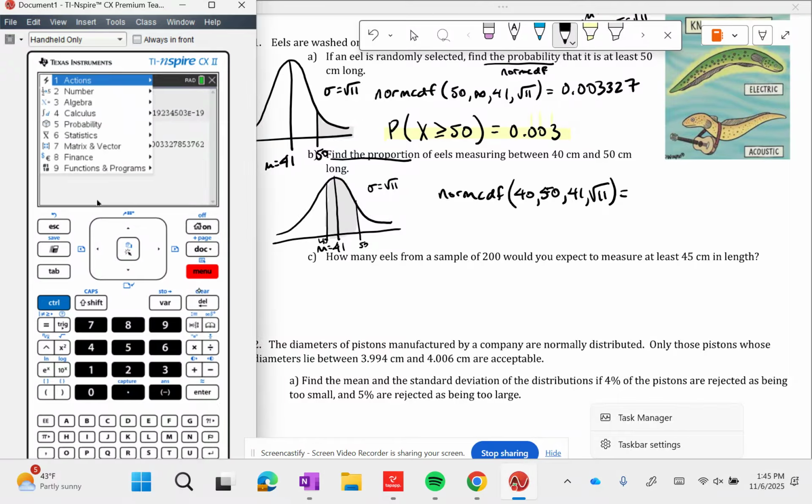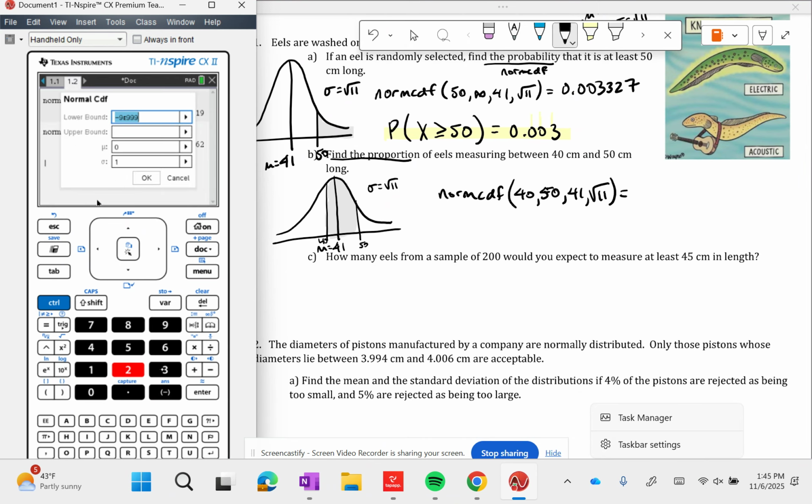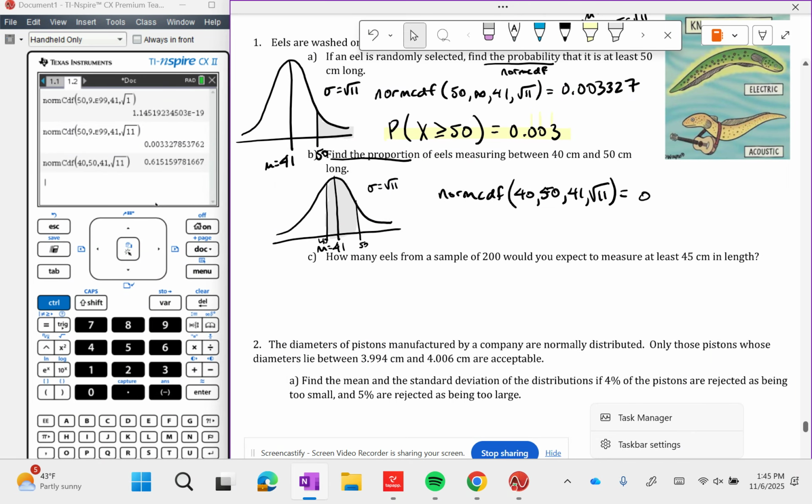Okay. All right. 0.61515. Oh, it's a sandwich.